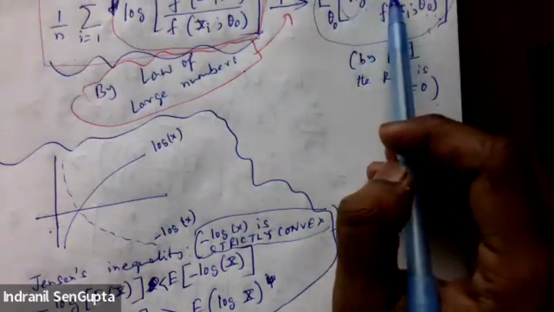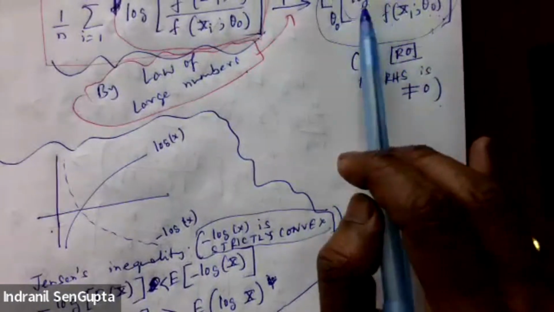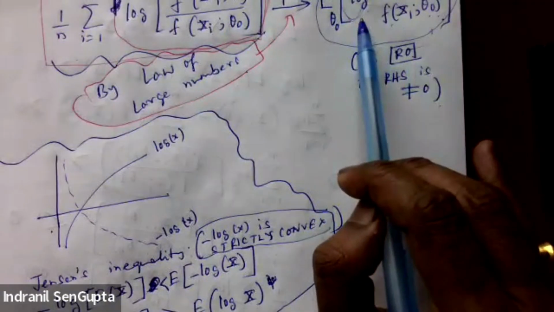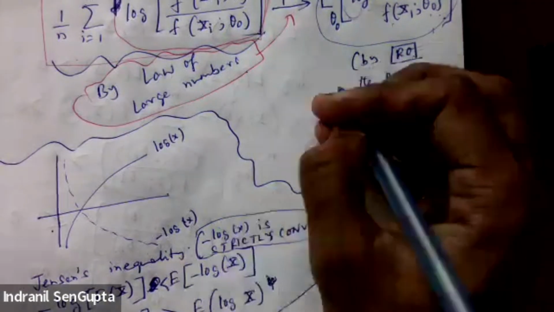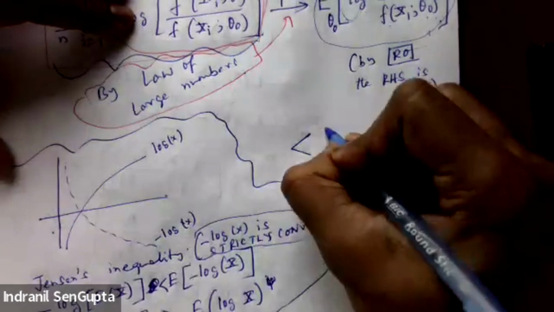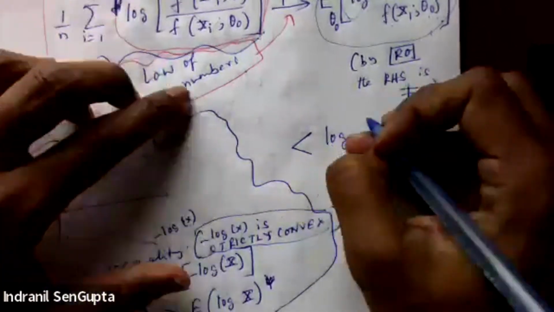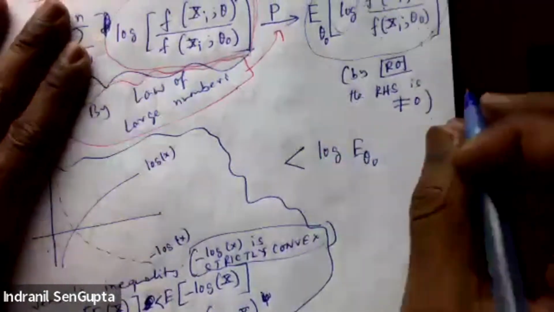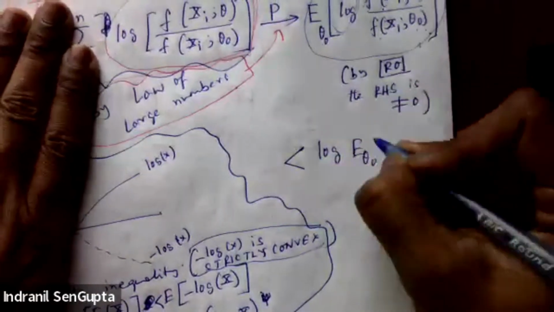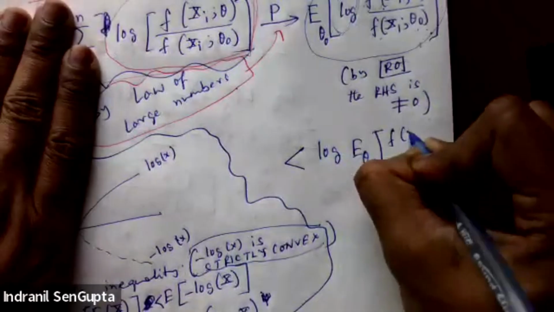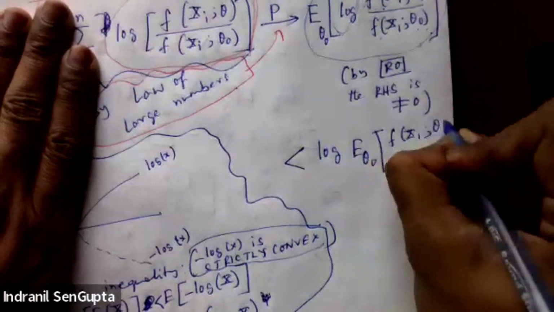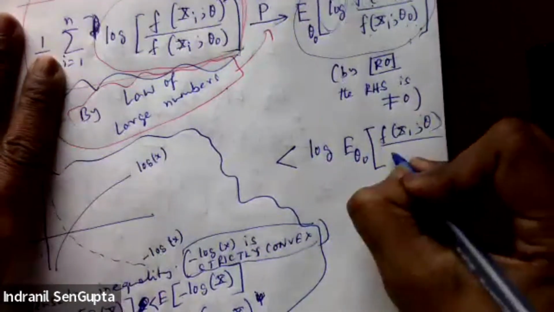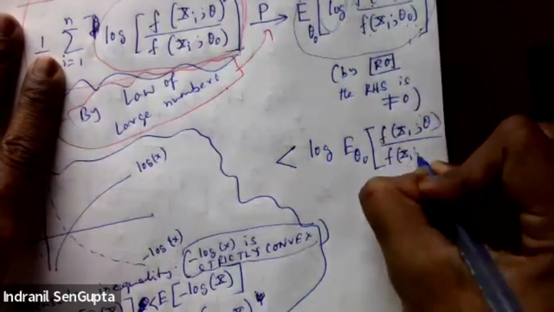This quantity right here is basically E of log of something, so it's strictly less than log of E of that thing. And the strict inequality is important. Log of f of x1 theta over f of x1 theta 0.